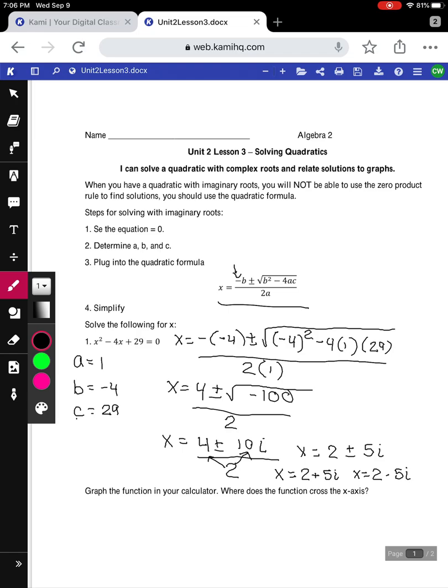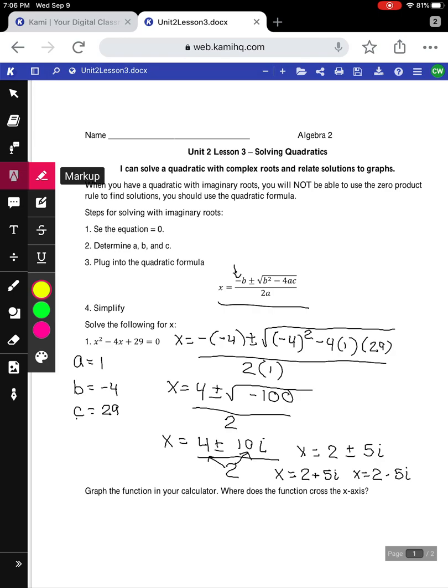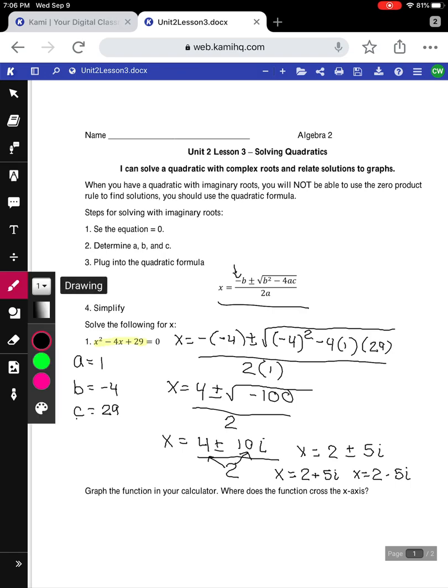That will work. Now I want you to go ahead and take your function, the original function we're working with, and put it in your calculator. See what it gives you. Take a look at the graph and see where it crosses the x-axis. You should notice this function does not cross the x-axis.